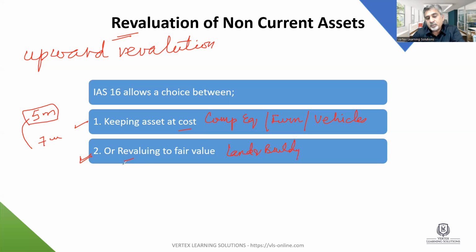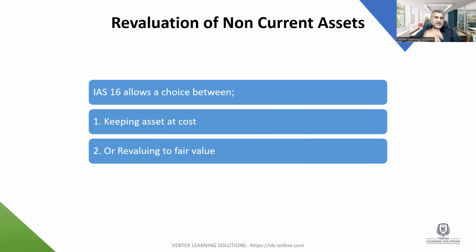So we do revaluation of significant assets, and we do it almost every year, or at least once in 3 years. So land and building is revalued. Sometimes plant and equipment or machinery, which is also very expensive, is also revalued. So revaluation is a process in which you adjust the balance sheet value of the asset to the market value. This is the concept of revaluation, okay?